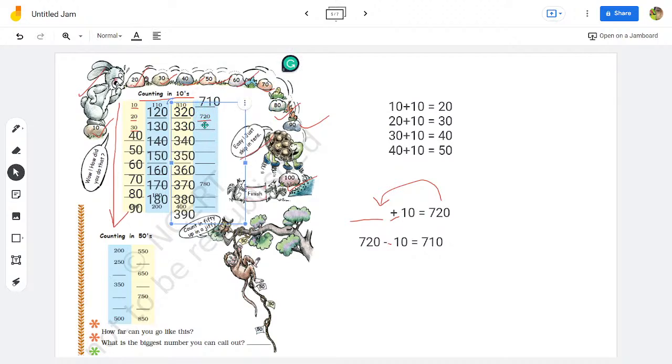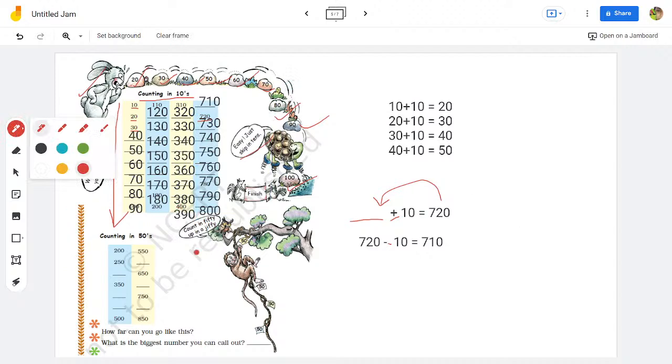Then we have 720 and then we would again go on in the same way. 730, 740, 750, 760, 770, 780 is already done for us, so 790, and at last add another 10 to that, an 800. So these are the answers that we would get.